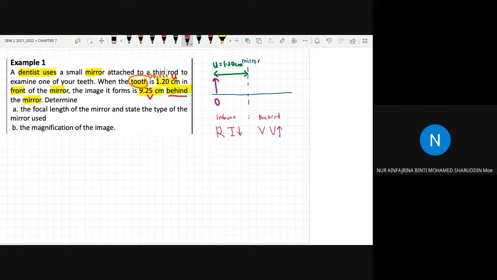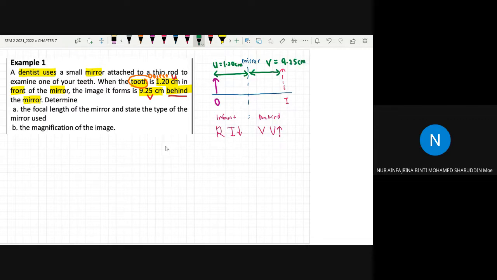Upright ataupun inverted? Upright. So bila upright dan dia belakang mirror, kita kena lukis dia dotted line. So this is your image. So jarak daripada mirror sampailah to your image adalah V, kita panggil dia. V dia adalah 9.25 cm.